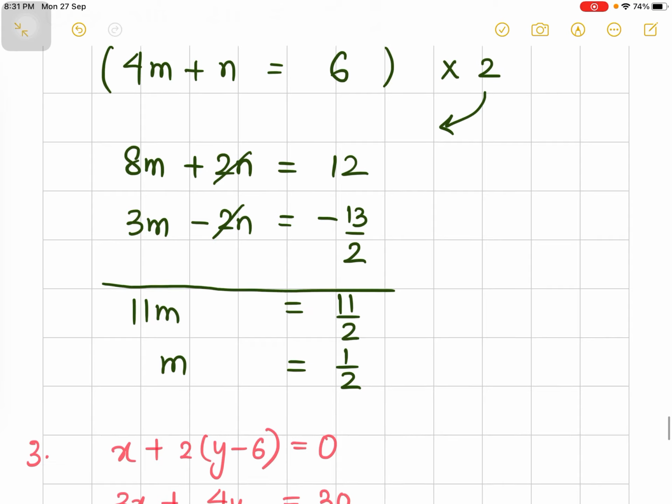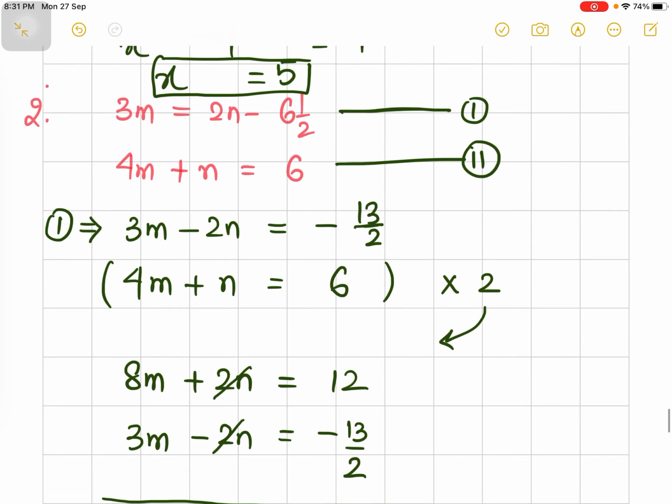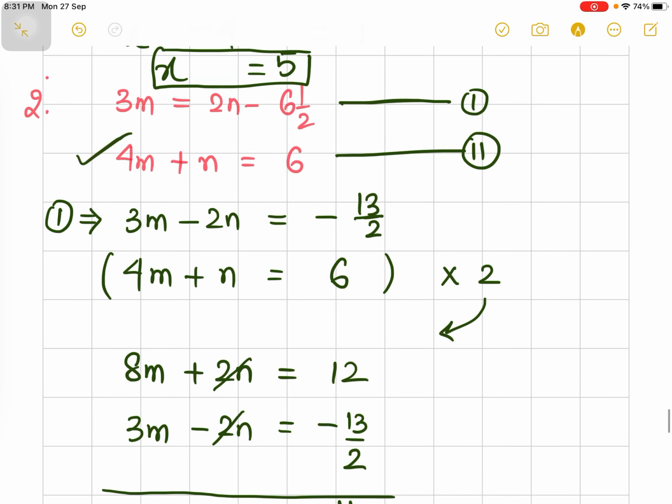Okay, put this value of m as half in one of the equations. Let's put it in the second one.